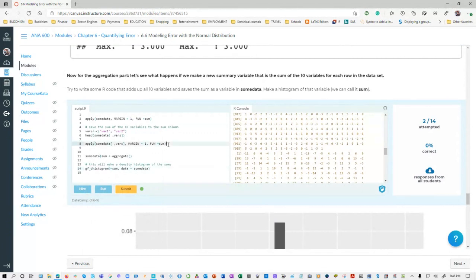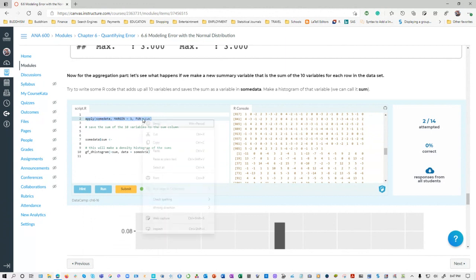I'm gonna take out this one. I'm gonna take out this aggregate as well. I'm gonna take out this one and get this one and then put it here. You can just do it for the whole set rather than get a certain subset. Apply sum data margin.